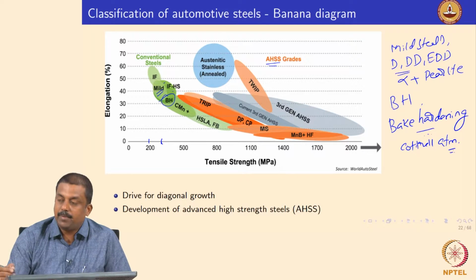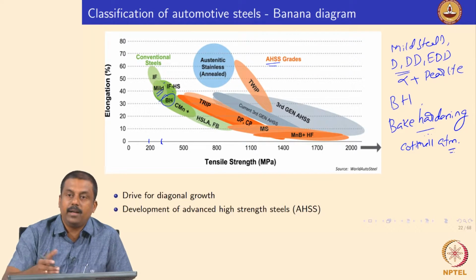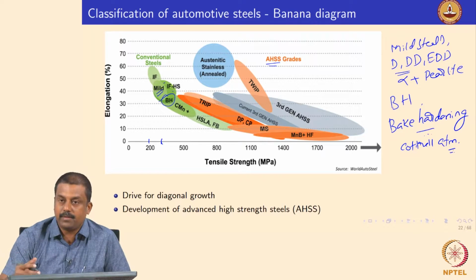And this migration of carbon atoms to the dislocation front happens during paint baking cycles, because you need some driving force for carbon atoms to migrate and occupy the dislocation fronts.